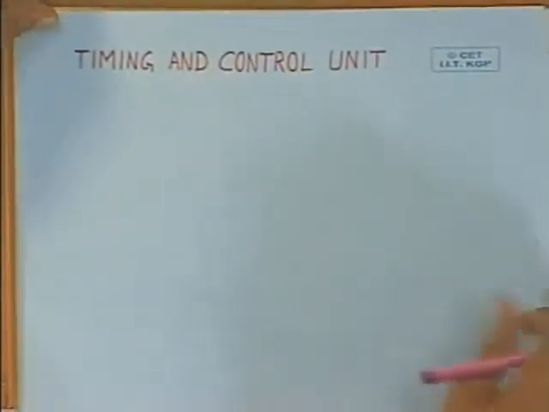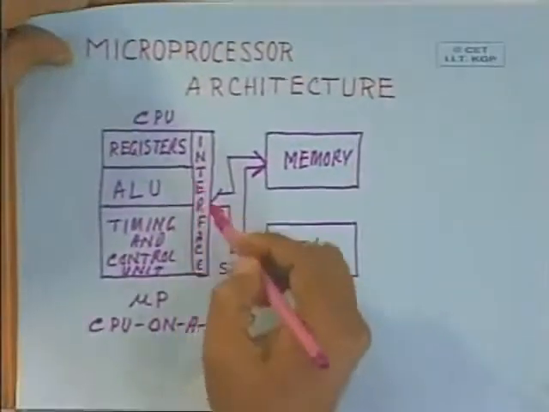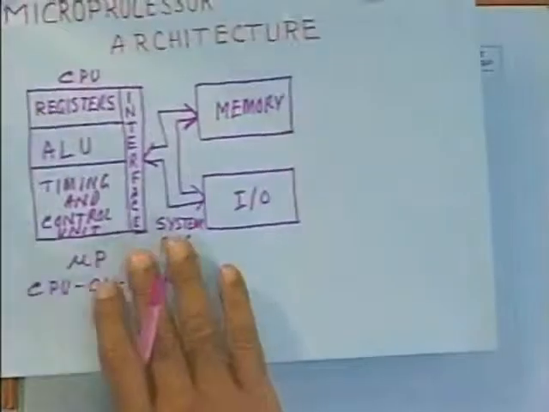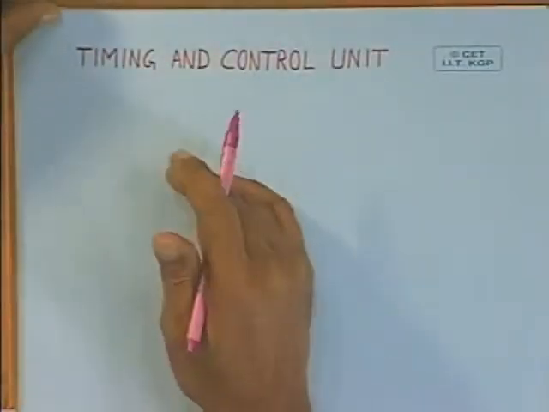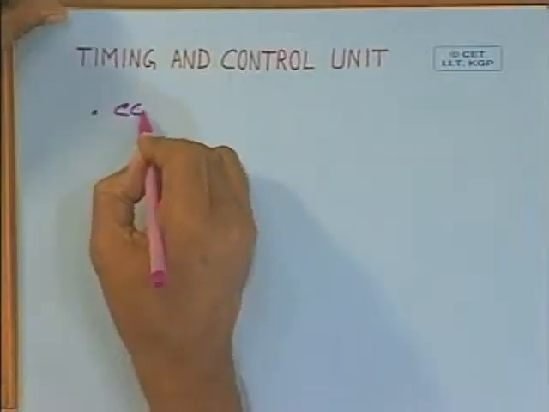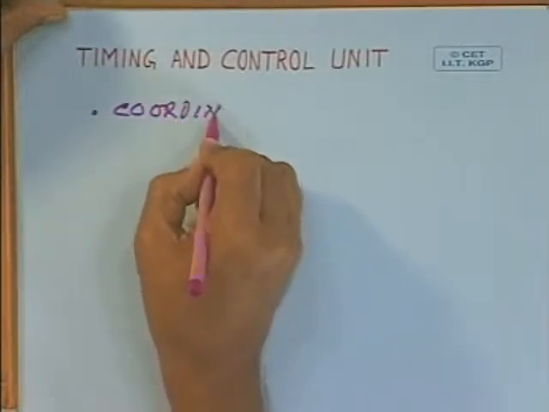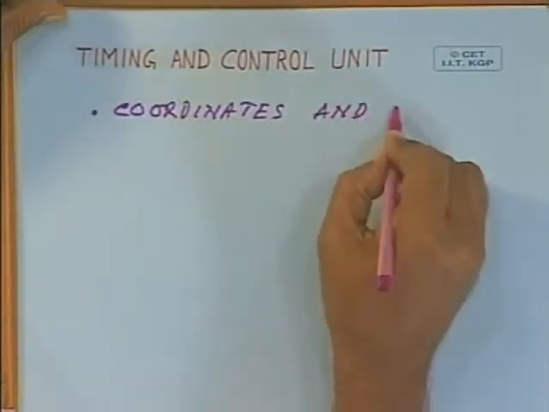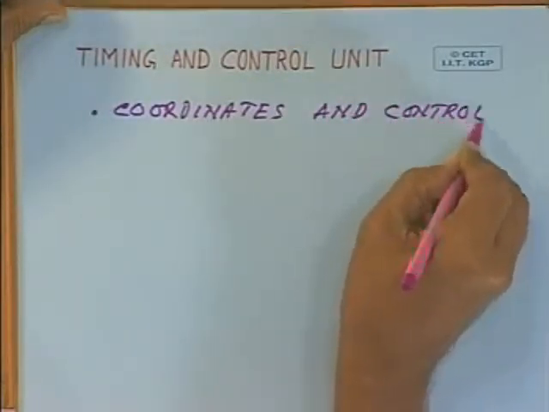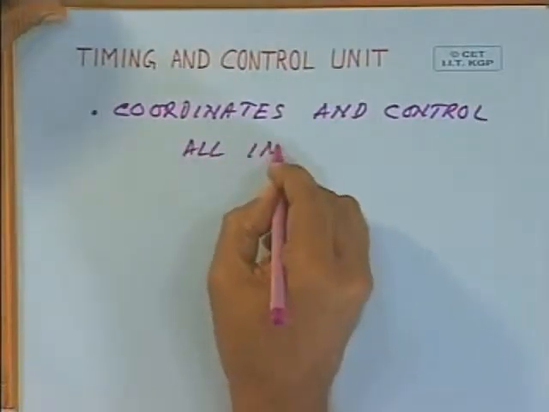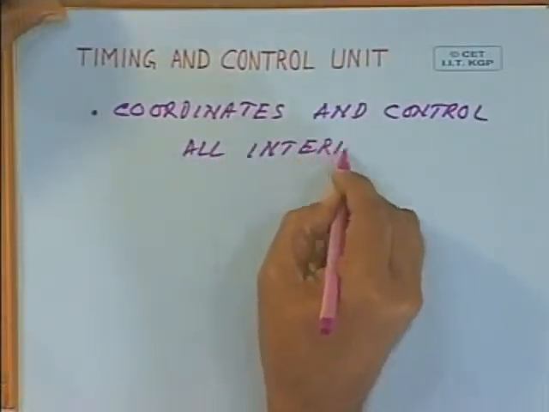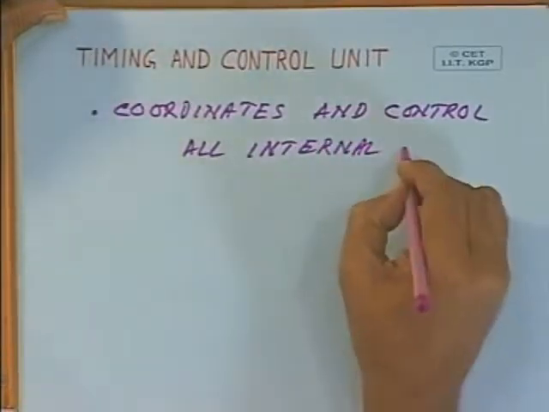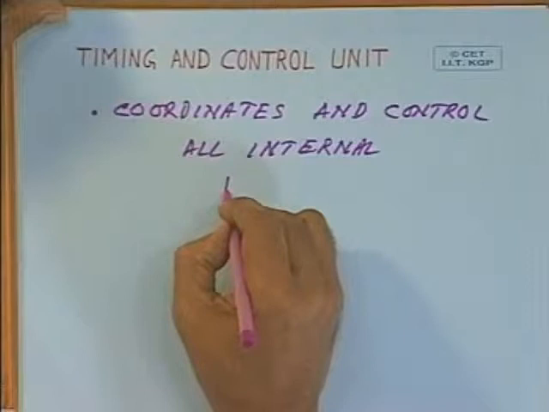Now, timing and control unit. This section we have not yet discussed. What does the timing and control unit do? Timing and control unit coordinates and controls all internal units.